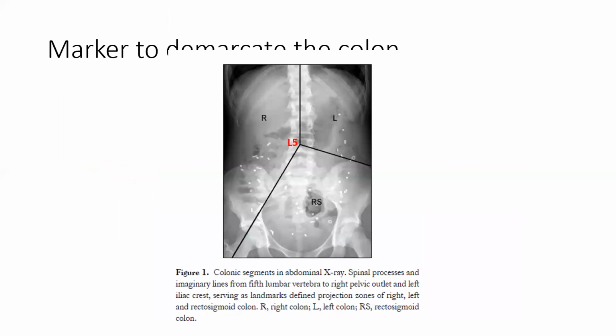This is a way to divide the colon into segments. We use the L5 as a point of interest.